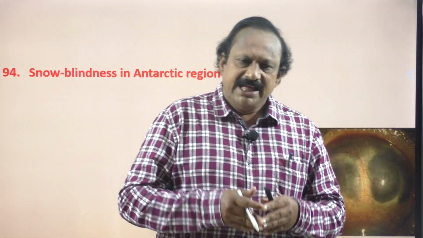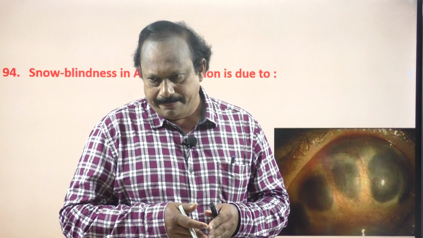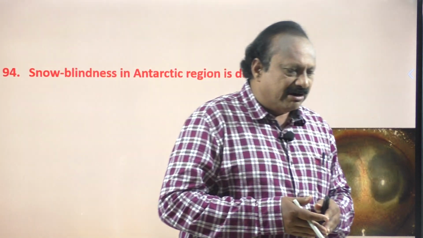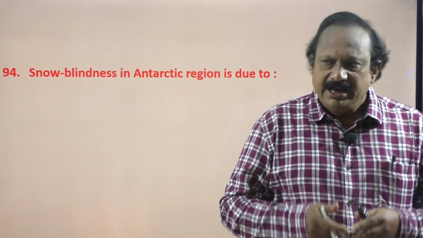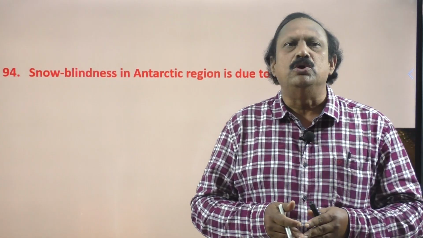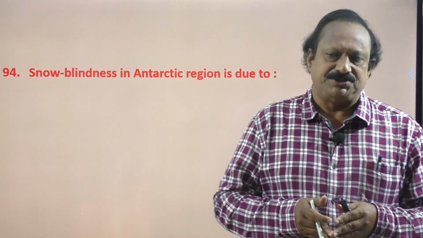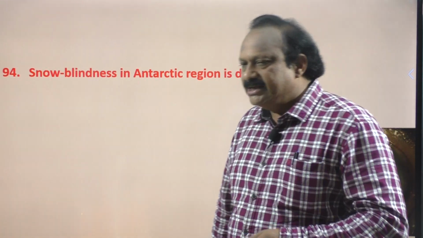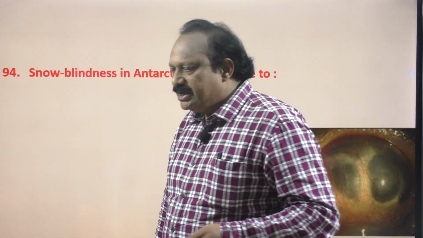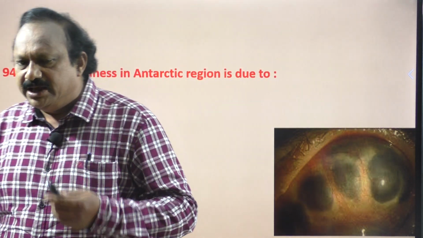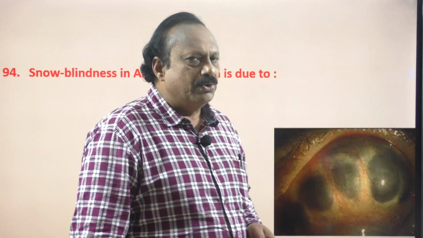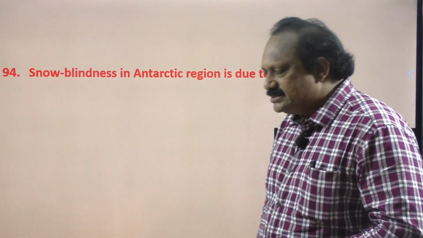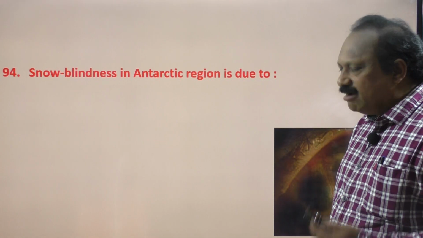This causes the aging of the skin. When UV rays are absorbed by the cornea at high doses, then snow blindness occurs. Therefore, the answer is overdose absorption of the UV B rays causes the snow blindness. This is the disease related to the cornea.